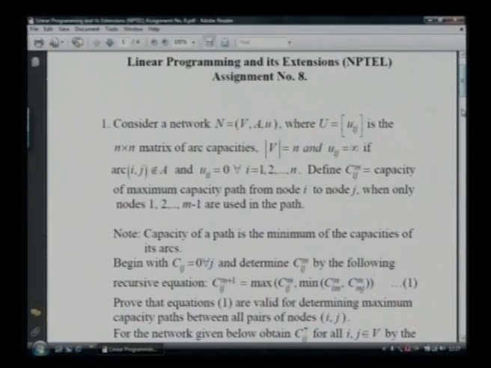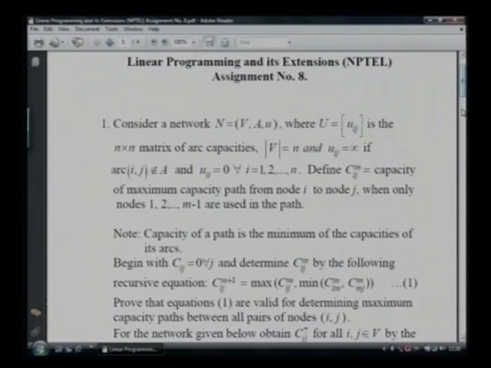You take the minimum of the two, because whichever arc you use, the capacity of the path is limited by the minimum of the arcs you are adding, and then you choose the max, because you have a choice, for example, via i to m and m to j. So Cij^(m+1) is the max of Cij^m and the minimum of Cim^m and Cmj^m.